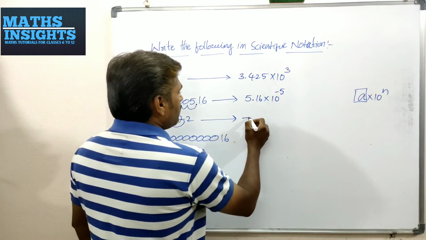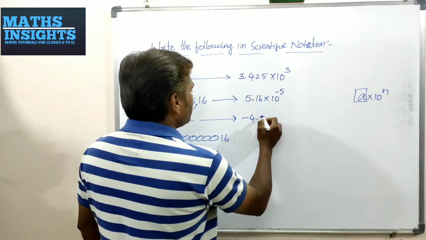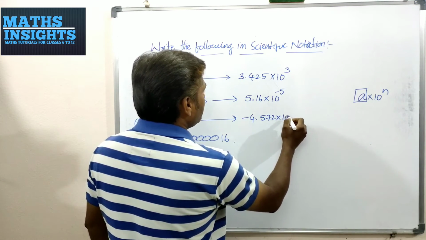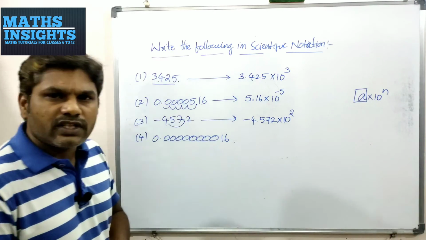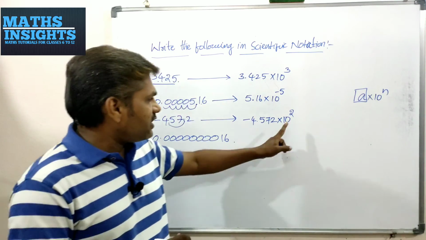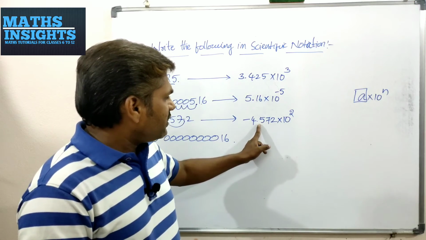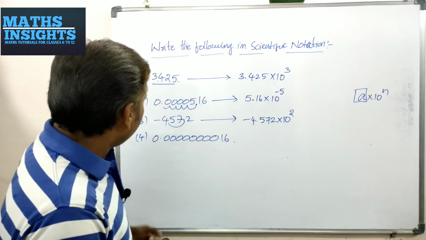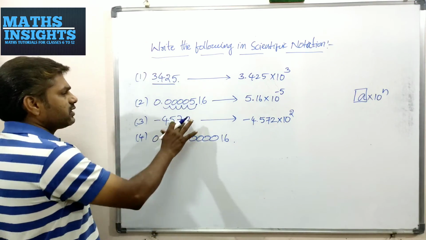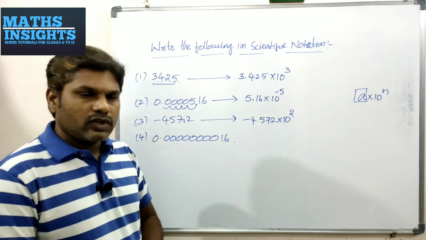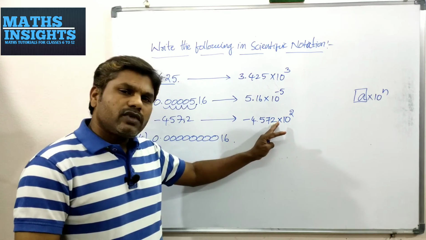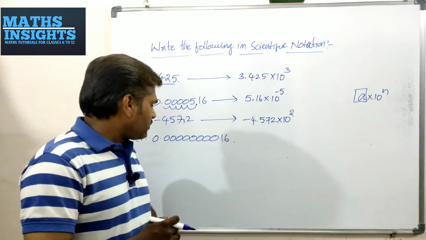So minus 4.572 into 10 power 2. You have to multiply it with 10 power 2. That means 100. If you multiply this number with 100, again it will become the actual 457.2. Then it will become like this if you write in scientific notation.